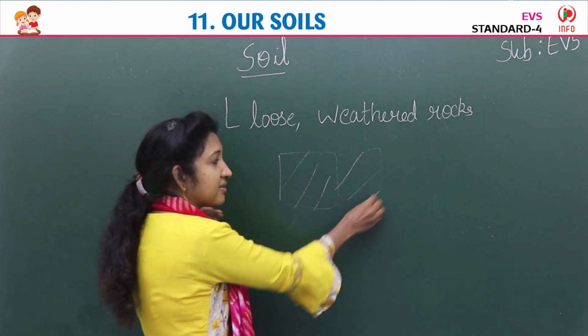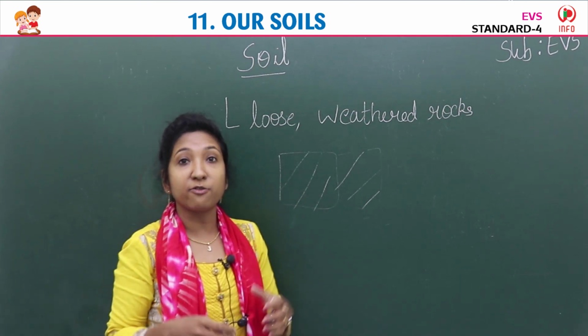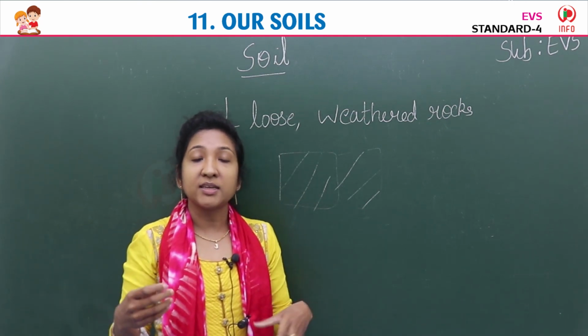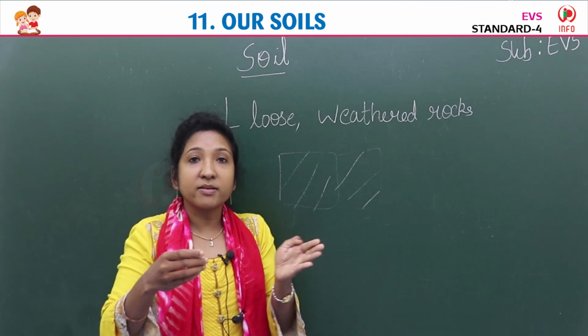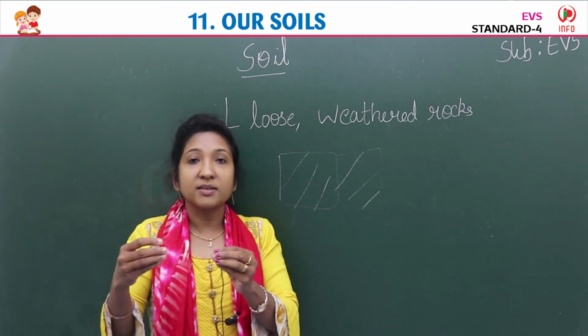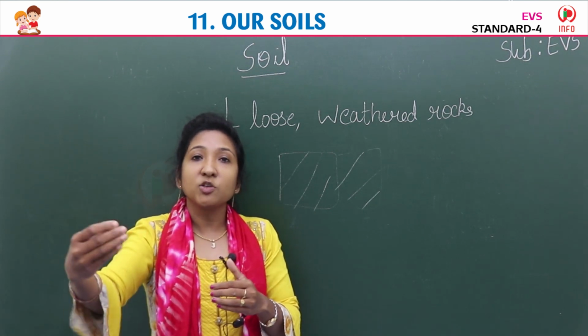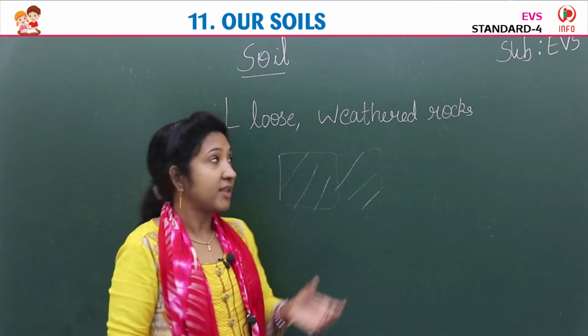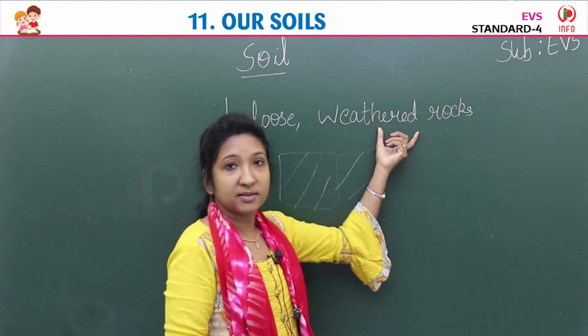Big rocks break into small rocks because of heavy rain, wind and heat. The small rocks in turn turn into soil. So that's why it is called weathered rocks.